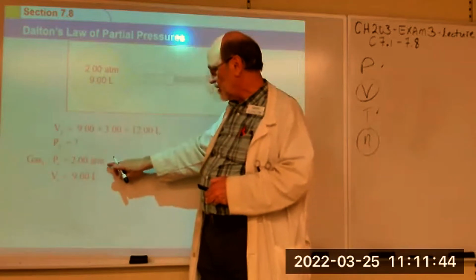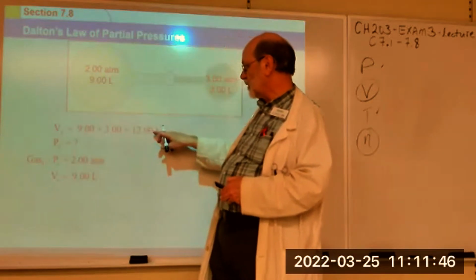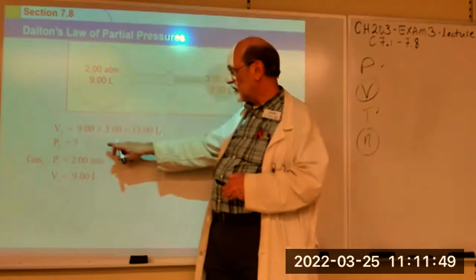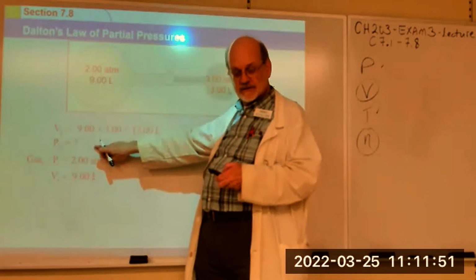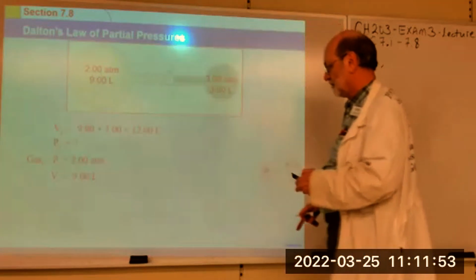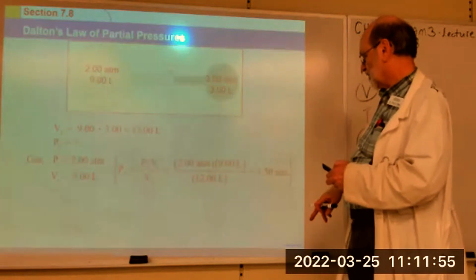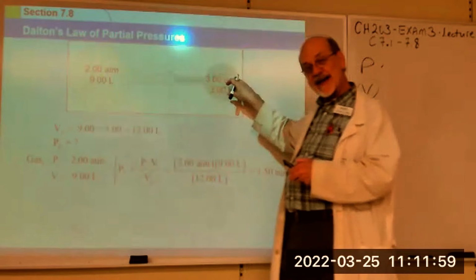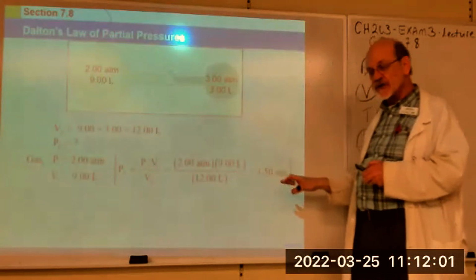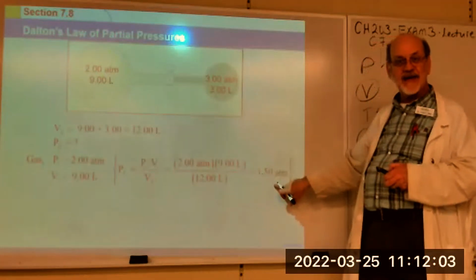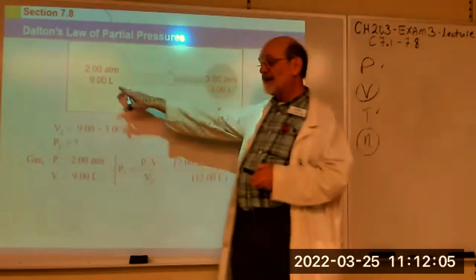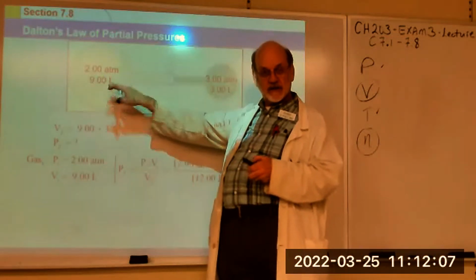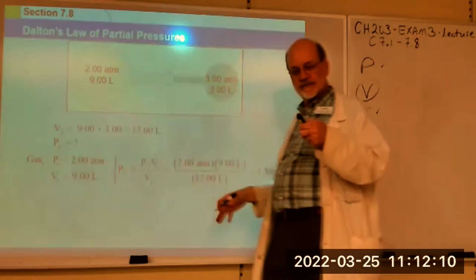So P1, V1, and this one is V2. We can solve for P2. This tells you that if we treat this one as expelling into a vacuum, its contribution to the total is going to be 1.5 atmospheres, less than it was, because it's expanding into a vacuum.